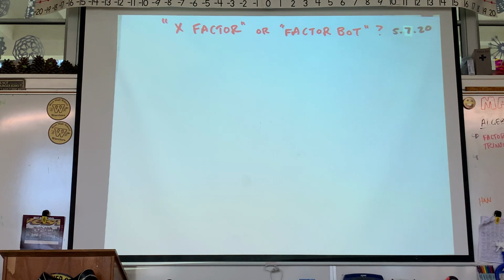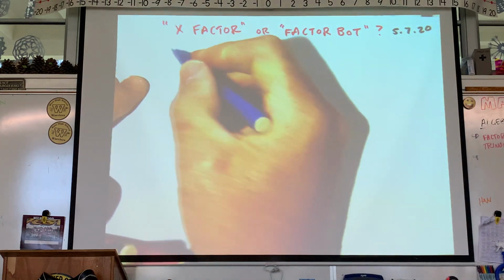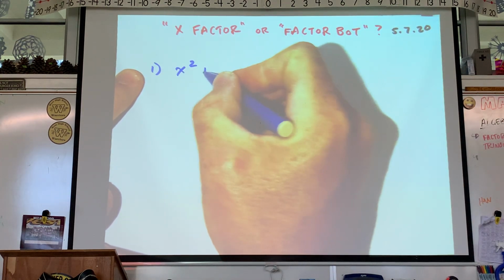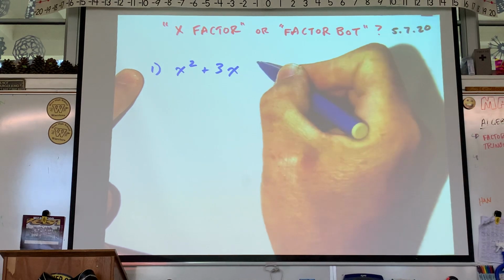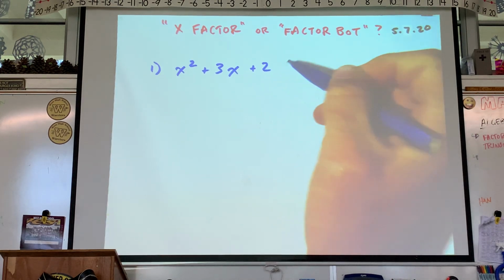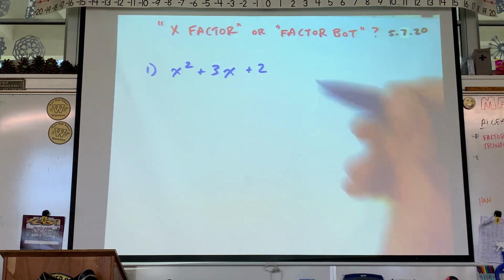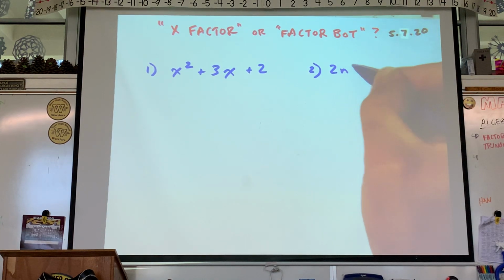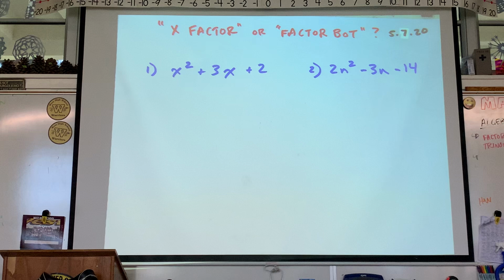Okay, number one: x squared plus 3x plus 2. And I'm going to do the next one right here, which is 2n squared minus 3n minus 14.